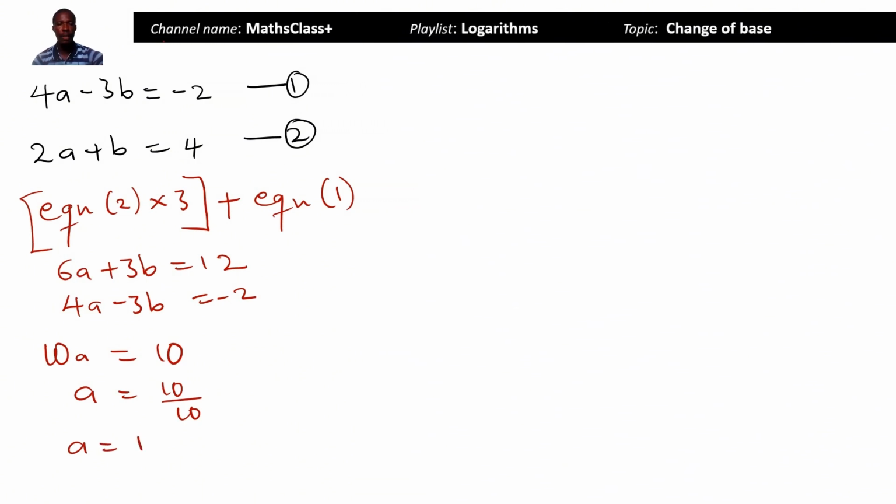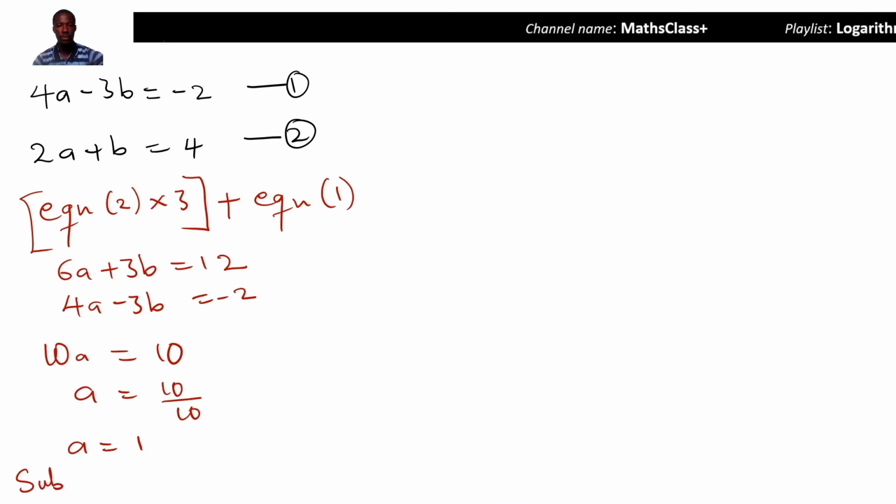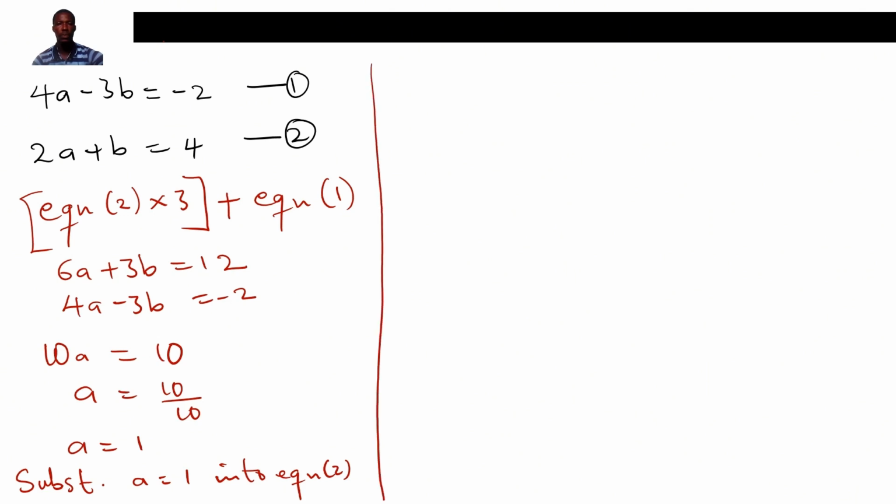Now, to get the value of b, I'll substitute a into equation 2. So, substituting a, which is equal to 1, into equation 2, I get 2 times 1 plus b is equal to 4.